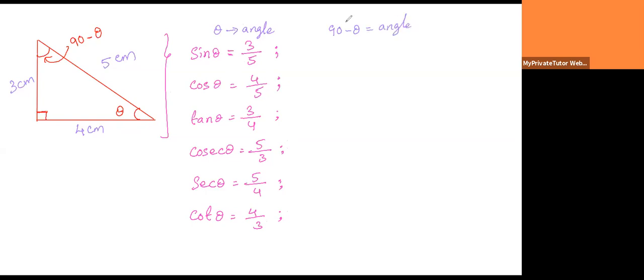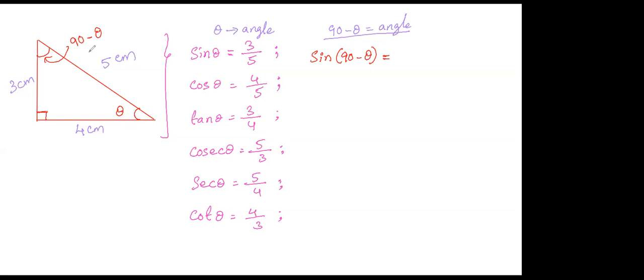Okay, so can you please tell me all the ratios if the angle is 90 minus theta. So what happens to sine 90 minus theta? You understand what I mean to say?